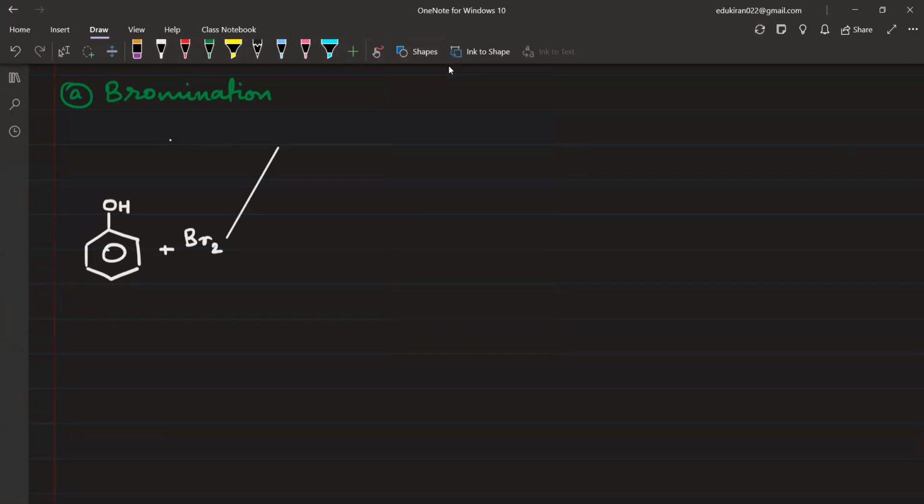What is a non-polar solvent? For example, CS2, CCl4, there is no polarity for them, right? So these are known as non-polar solvents.